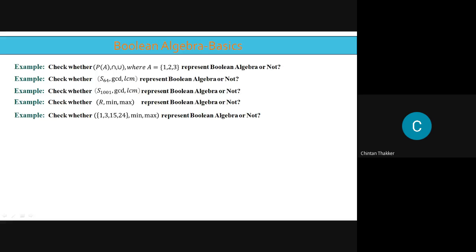What about the S70? 70, it is a Boolean algebra or not?